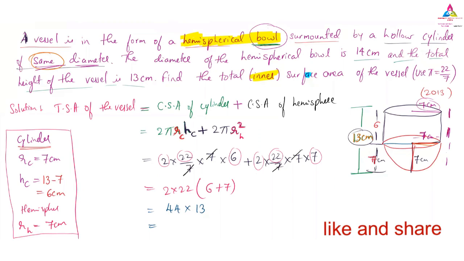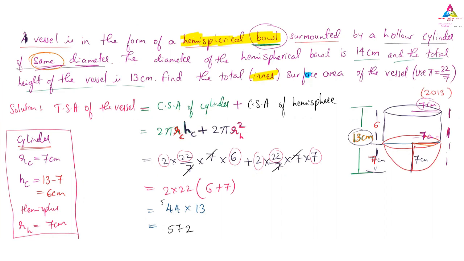13 4s are 52. So 2 is here, 5 is here. Again 13 4s are 52, plus 5 is 57. So it is 572.